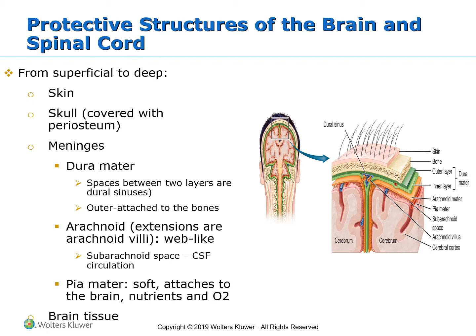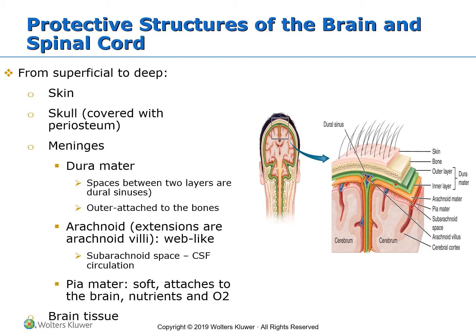The outer layer, the one close to the skull bones, fuses with the skull bones, making the periosteum on the inside of the skull bones.